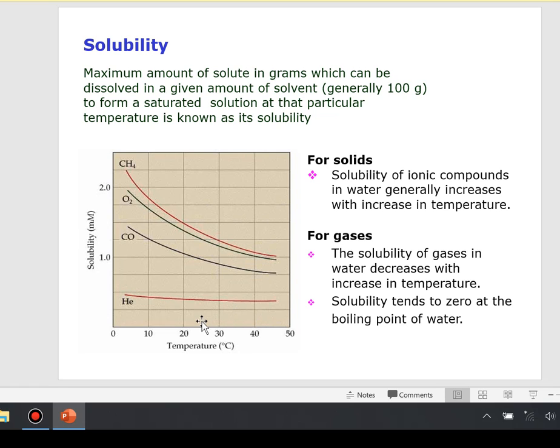Here a graph is given for solubility and temperature for different gases: methane, oxygen, carbon monoxide, and helium. At different temperatures, the solubility of the gases varies.